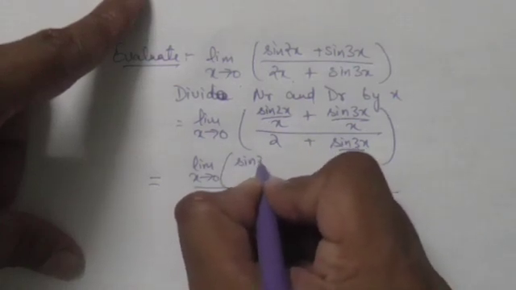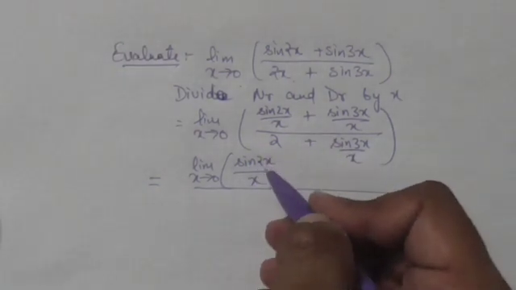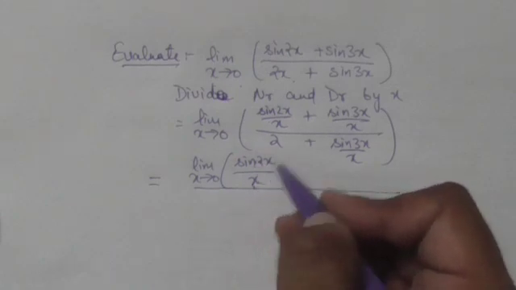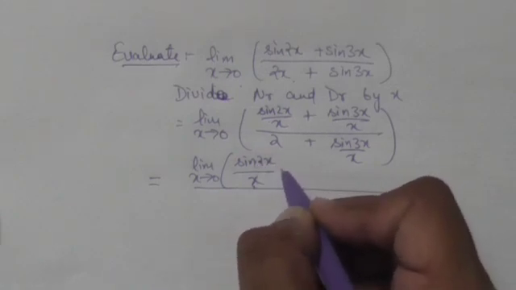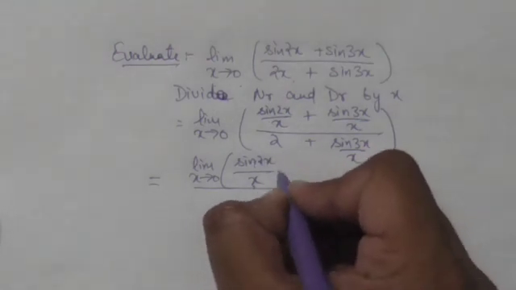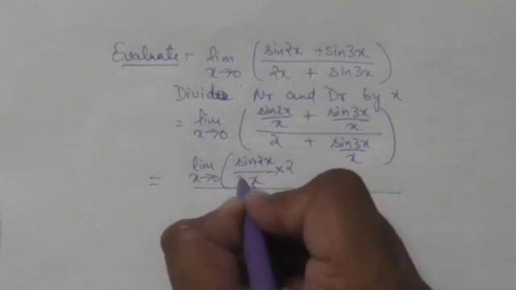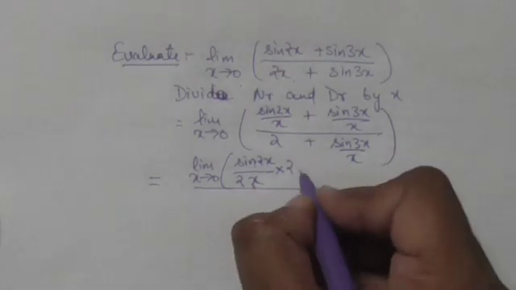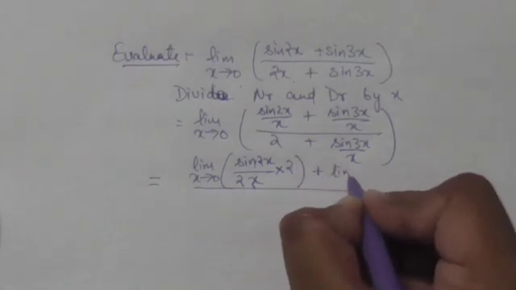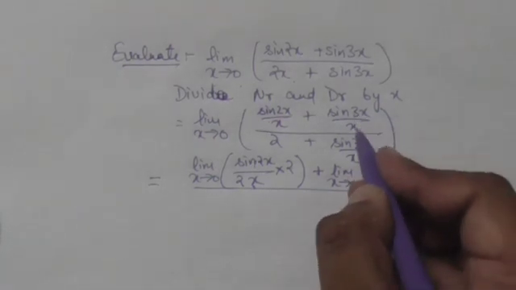sine 2x upon x. Now we will multiply and divide both by 2, right? We will multiply and divide this expression by 2. So it will be 2, and in denominator also there will be 2, right? Plus limit x tends to 0. Now see, sine 3x upon x.